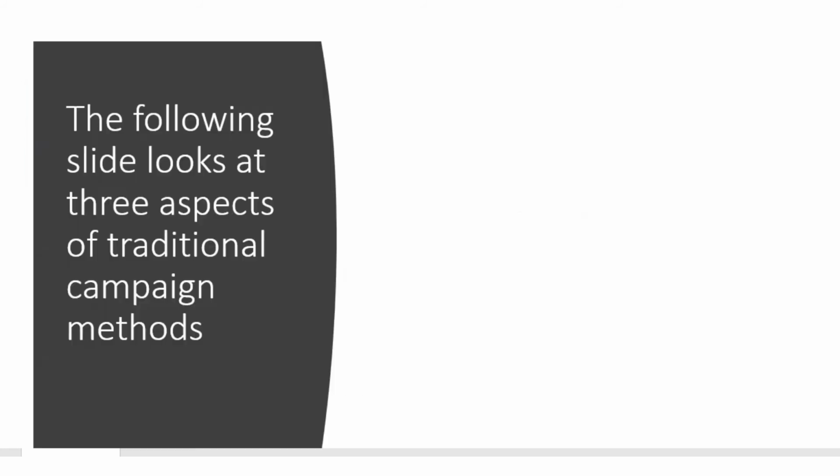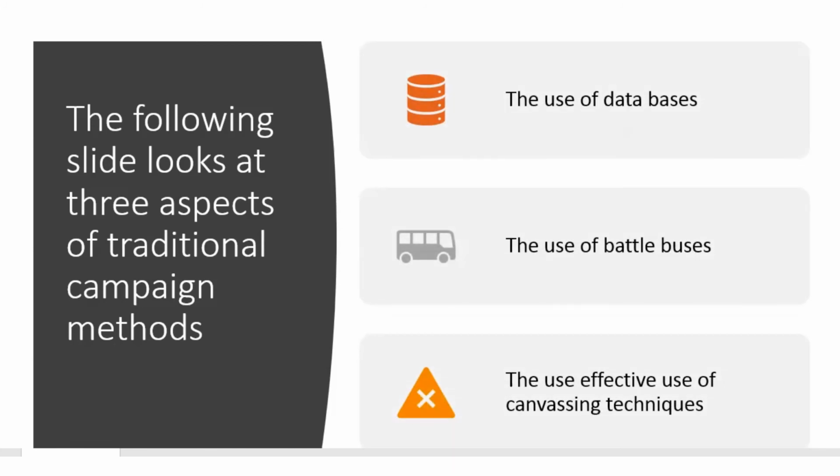Now what your task is going to be today is to look at 3 aspects of traditional campaign methods. One is the use of databases, second one the use of battle buses, and the third the use of canvassing techniques. Now what I am going to get you to do is to write 3 paragraphs using the point, explain, example formula.